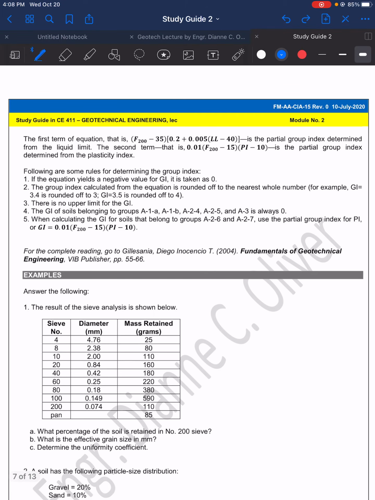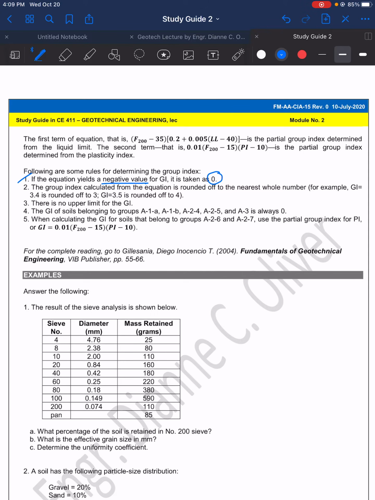Here are the rules in determining the group index. It is something that you need to familiarize yourselves with. The first one: if the equation yields a negative value for GI, the GI is taken as 0. Okay?